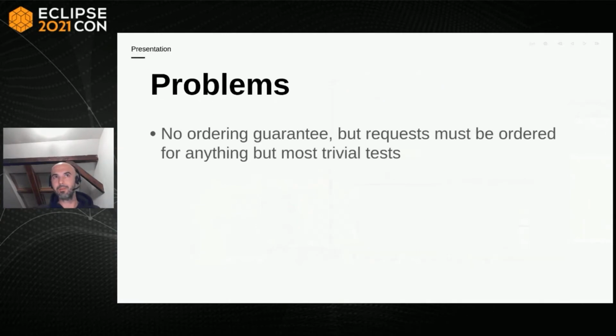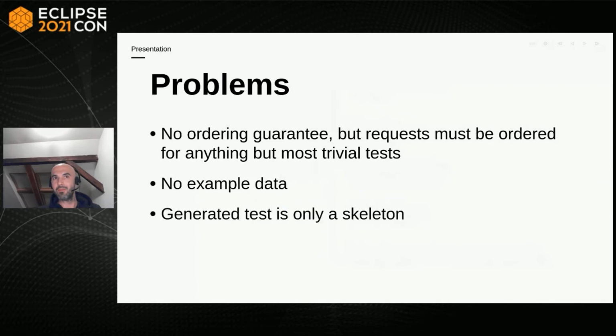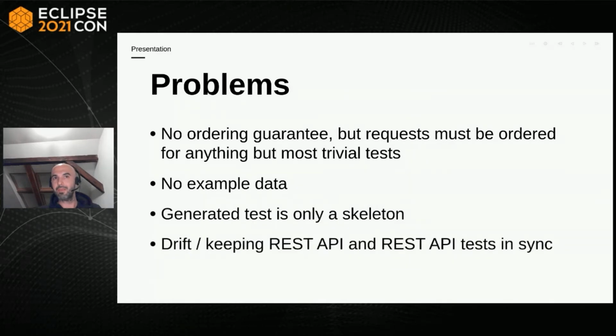So as I mentioned, the problem with the existing tools is the no guarantee of ordering, but obviously the requests must be ordered for anything but the most trivial tests. There's no example data, and the generated test is only a skeleton.